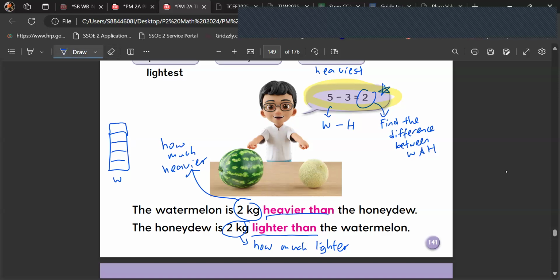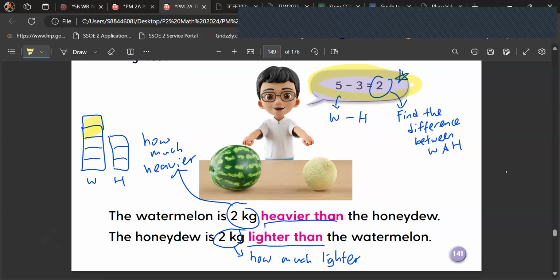Whereas the honeydew is 3 kilograms. And where's 2? 2 is here. This is the difference between the watermelon and the honeydew.